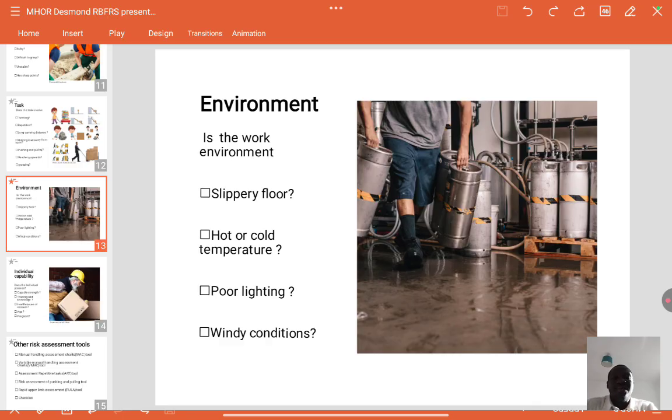So you need to find out whether the floor is slippery, whether the area you are working in is a hot or cold environment, whether there is lighting, and whether the conditions are windy or not.